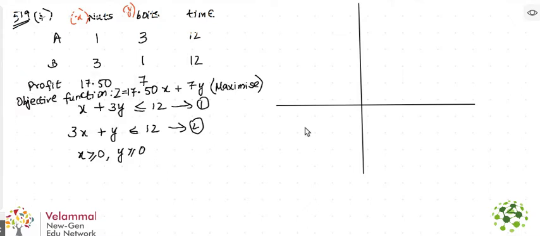But now try to understand. I'll do here 2, 4, 6, 8, 10, 12. Rough diagram. But you have to do only on the graph sheet.